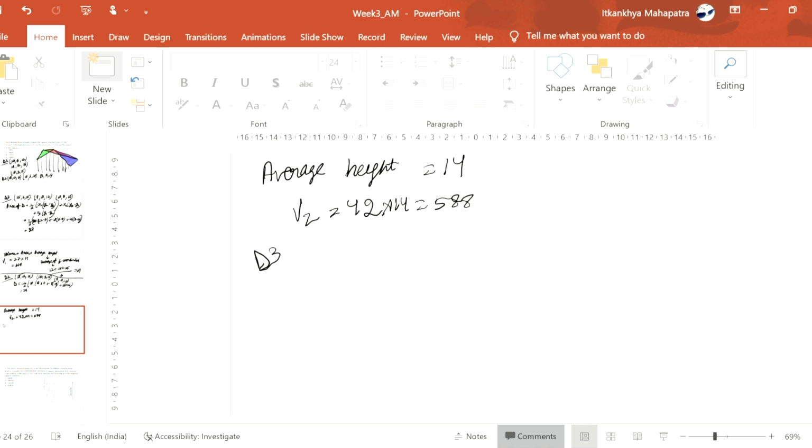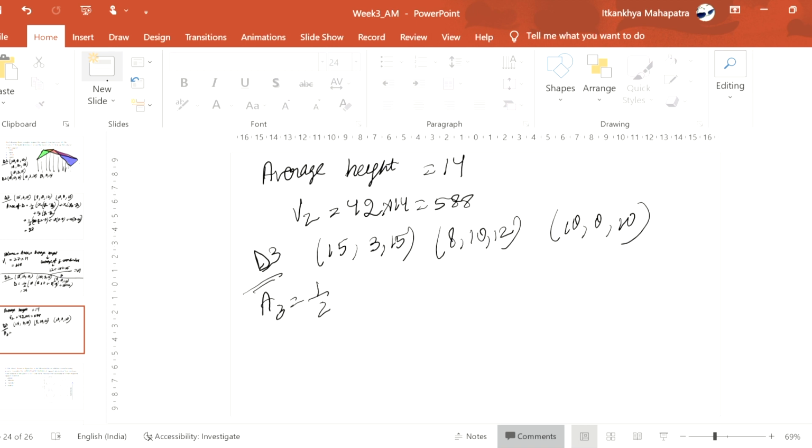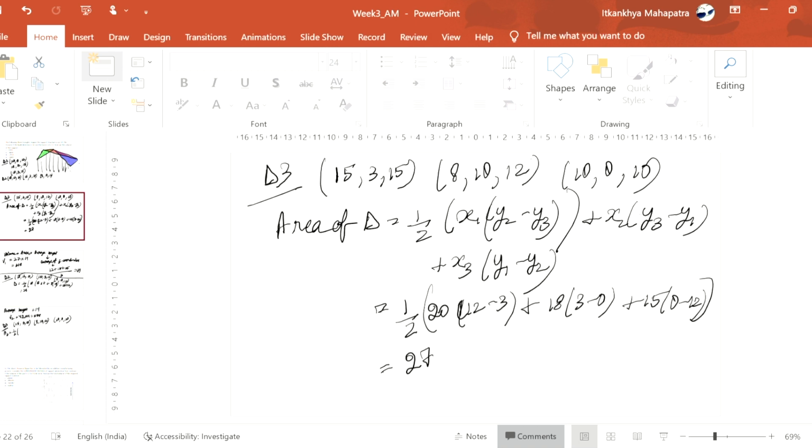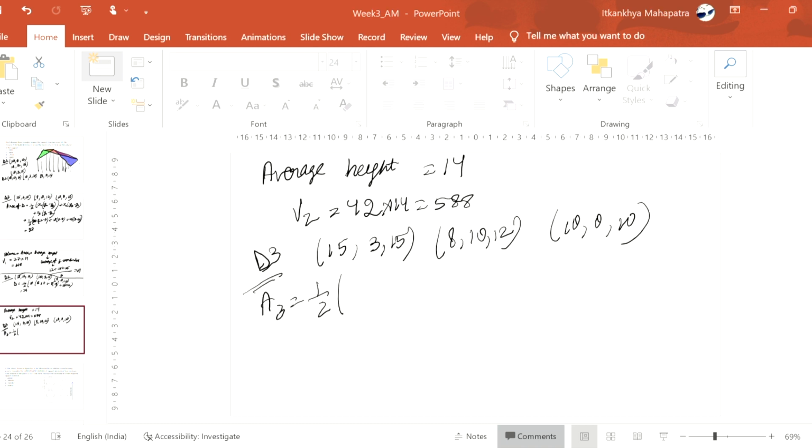Now similarly for the triangle 3, we have the coordinates 15, 3, 15, 8, 10, 12, 10, 0, 10. Now area is half x1, again this formula x1 (y2 minus y3).